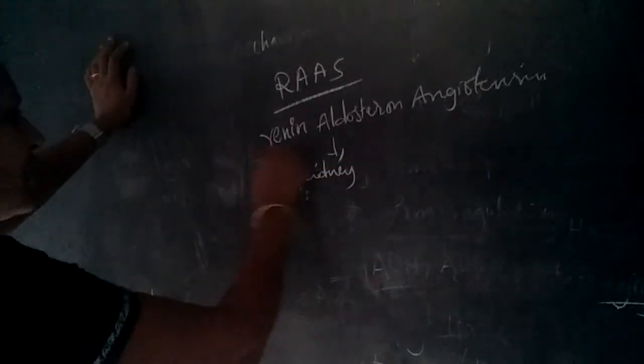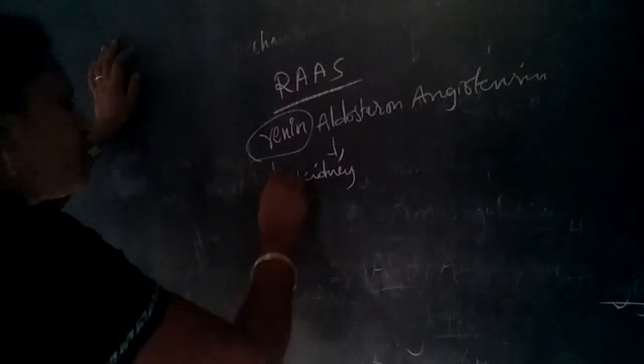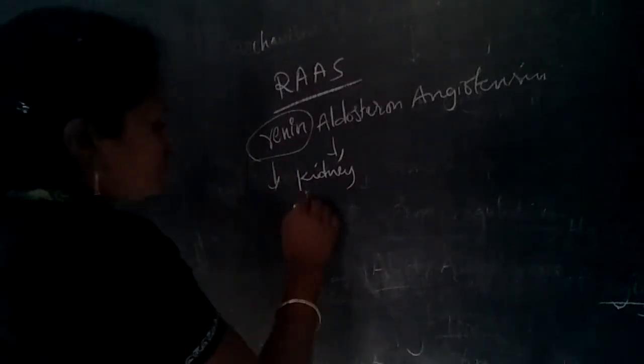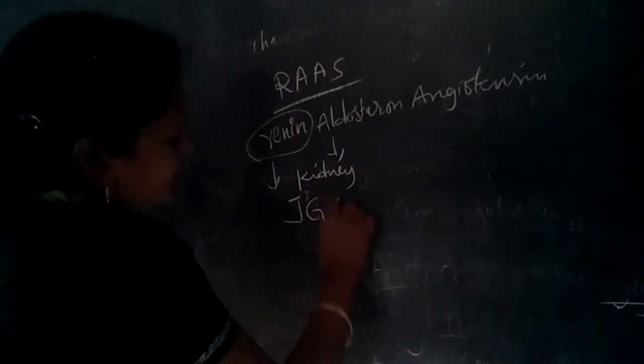Next, in this cycle renin is produced by JG cells, the juxtaglomerular cells. So the JG cells of the kidney produce the enzyme renin.